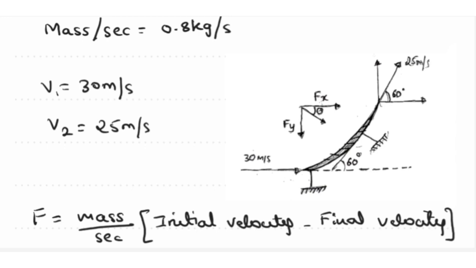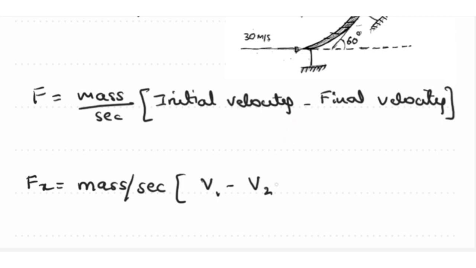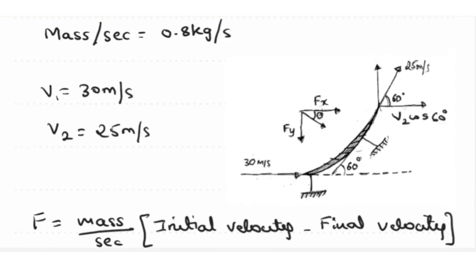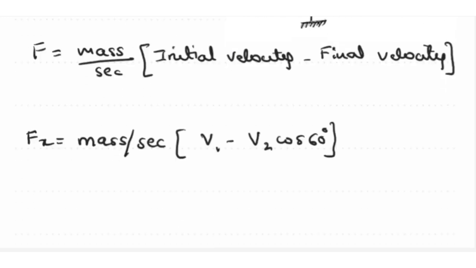So we have to resolve this into components, that is V2 cos 60 degree. And the sign, since it is in the direction of z, is plus here. So V1 minus plus V2 cos 60 degree.